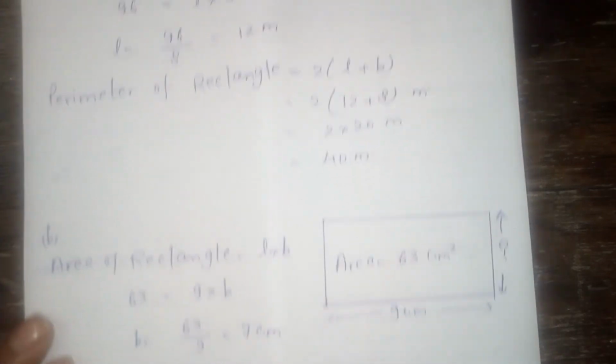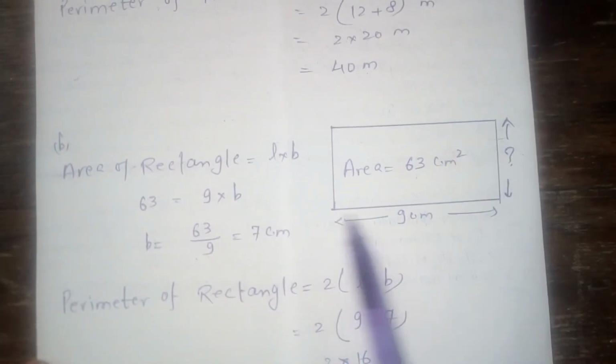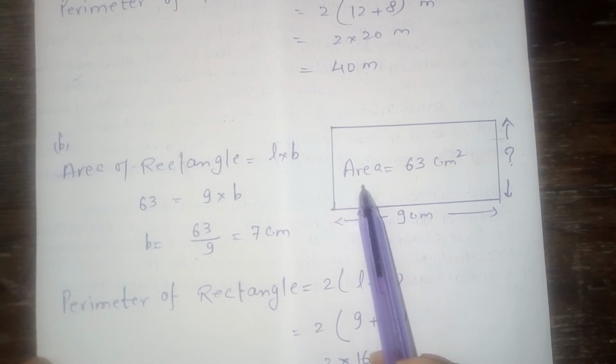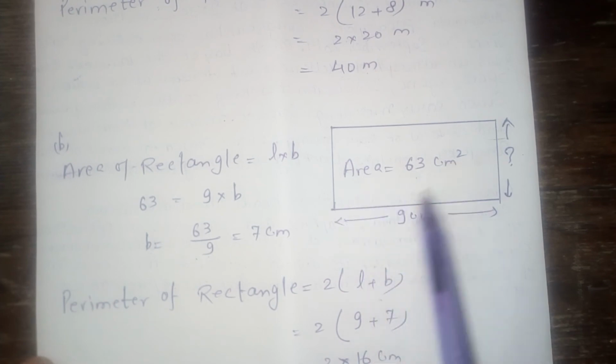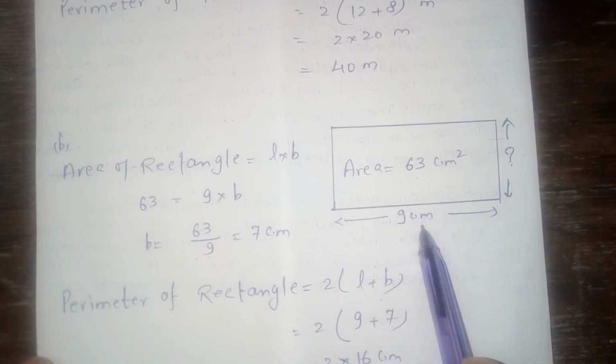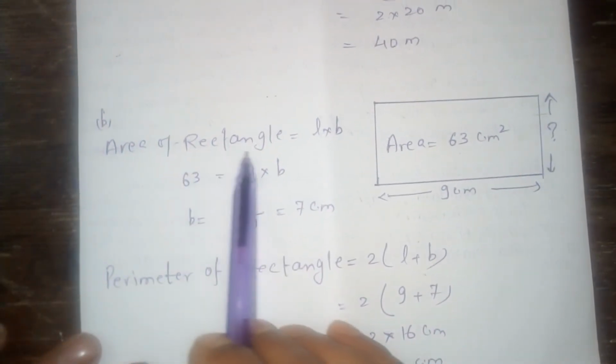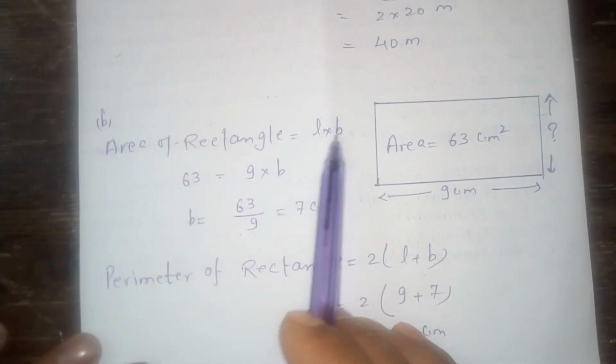Okay, now my dear students, your next question is this rectangle, and the area of the given rectangle is 63 square centimeter. In this question the length is given, that is 9 centimeter. So we will find the breadth. The area of a rectangle is equal to length into breadth.